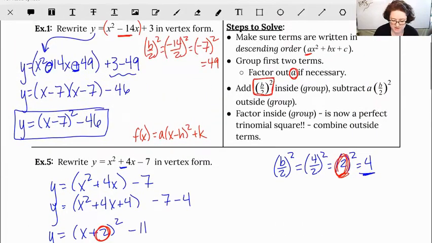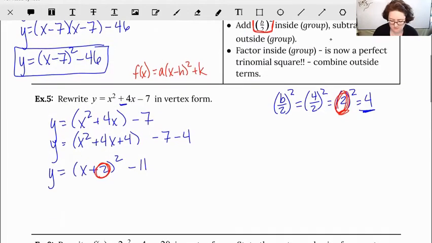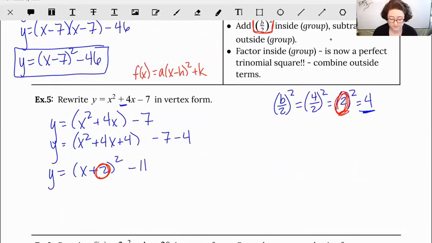In the previous problem, we had a -7 here, and that's the same -7 that ended up in our final problem. So by writing out that b over 2 squared, we're actually doing all the work for the problem in one step. The only thing we're going to end up doing at the end is balancing those constants that we have stuck at the end of the equation. And that's all there was to this problem.